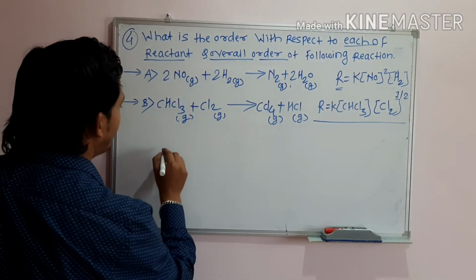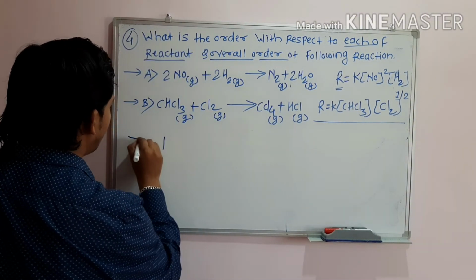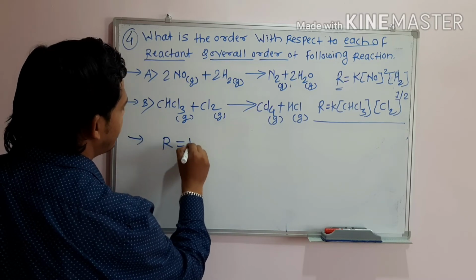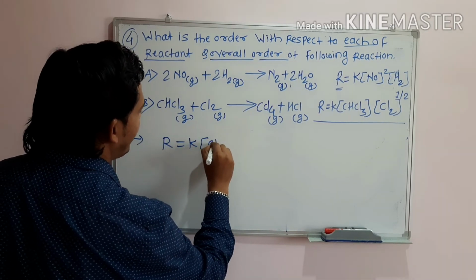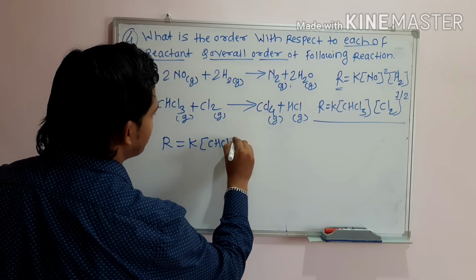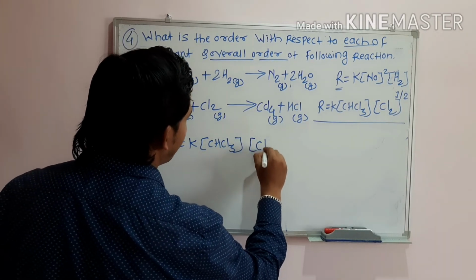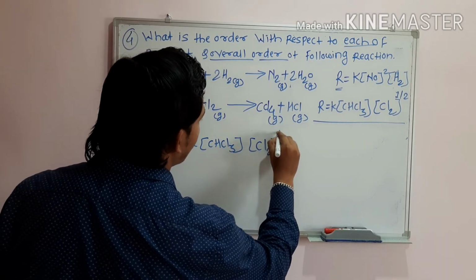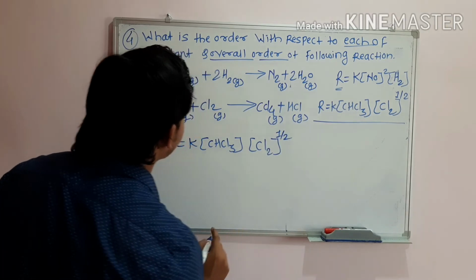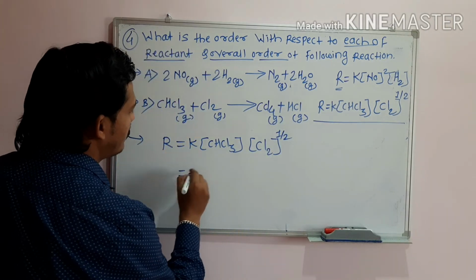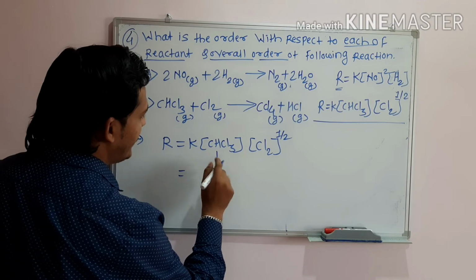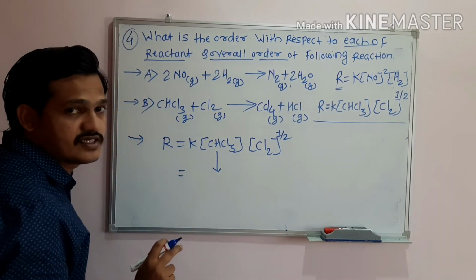Okay, now first of all we have to solve. Rate is equal to K [CHCl3] [Cl2]^1/2.